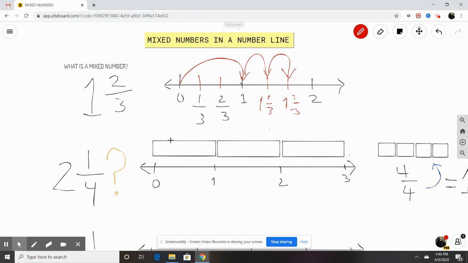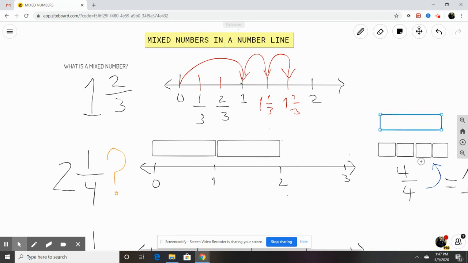If you compare this bar to a chocolate bar, that would be one chocolate bar, two chocolate bars, three chocolate bars, but I don't quite have three. I have two chocolate bars and 1/4 of the third chocolate bar. So I'm going to change this whole and use the fourths.